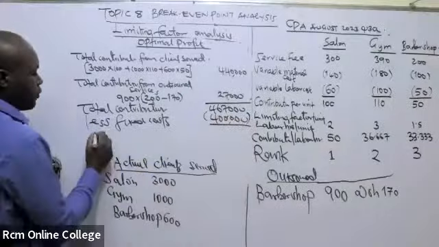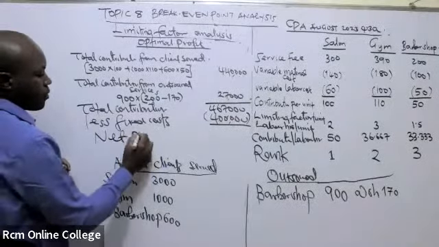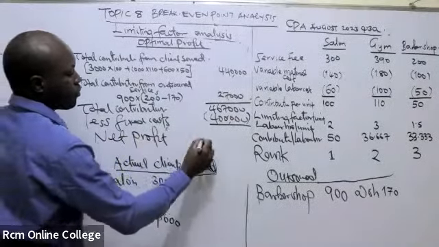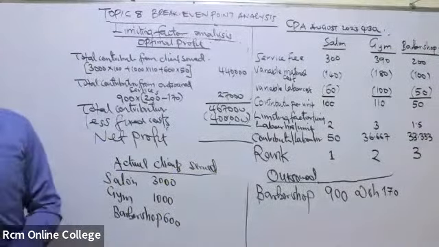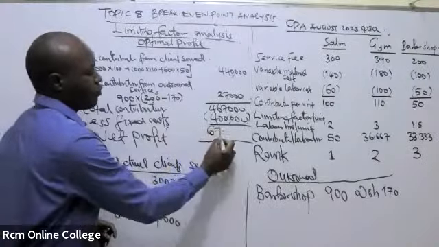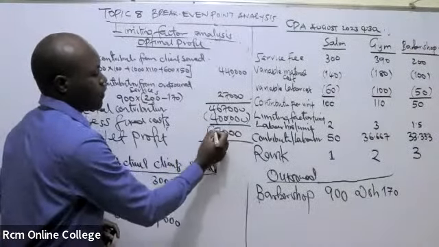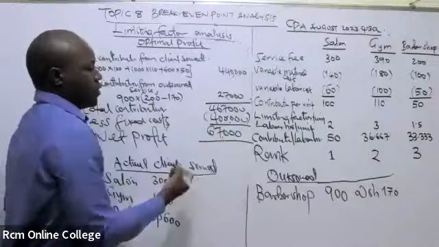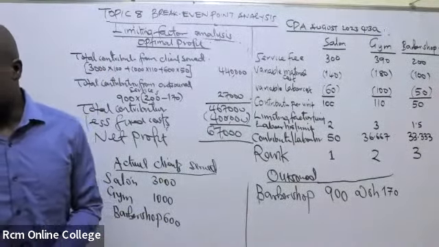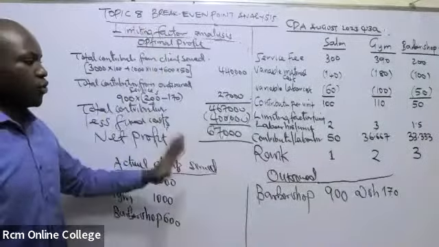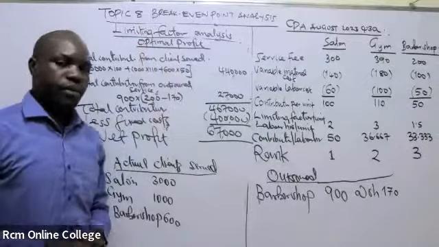So what is the net profit? Net profit itakuwa ngapi? 67,000. Great. That is what you're supposed to do in this particular question.